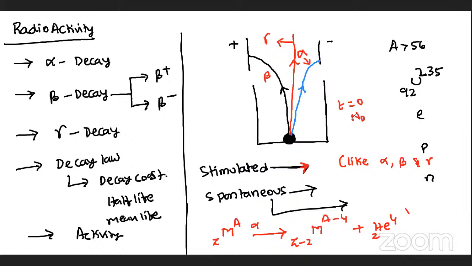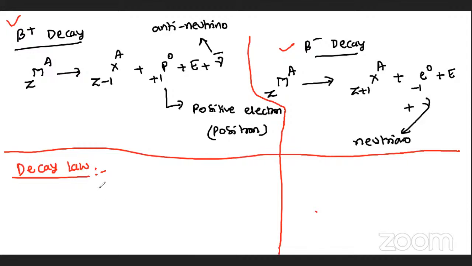Now, as the time increases, number of nucleons will be emitted out. Let us consider N0 is the initial number of nucleons at time t equal to 0.